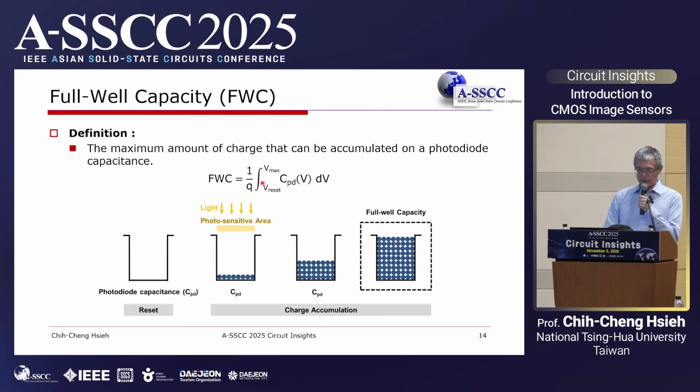So the full well capacity is equal to, as I mentioned, the capacitance of the sensor multiplied by the available voltage swing. The available voltage swing is defined by your circuit.